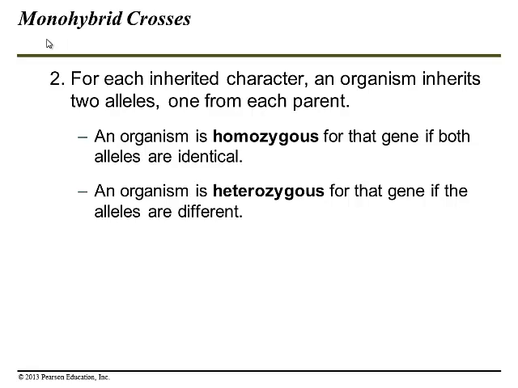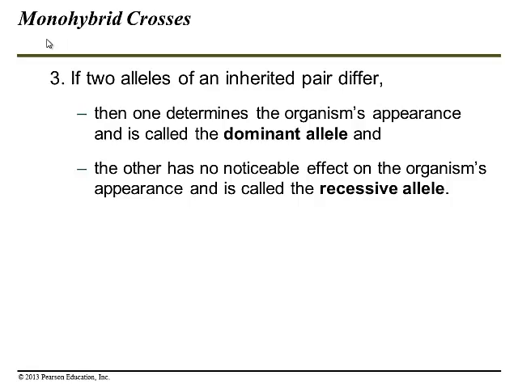If you get two different bits of information from your parents, one brown eye, one blue-eyed, you're said to be what? Heterozygous. Even though they're both for eye color, the protein that's made is different. So you need to understand those two terms.